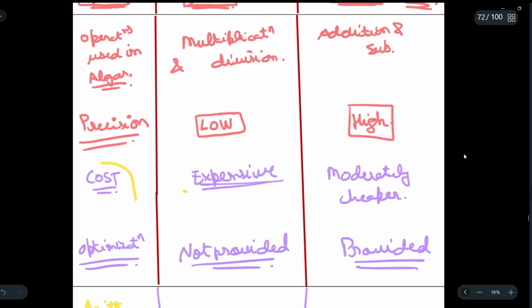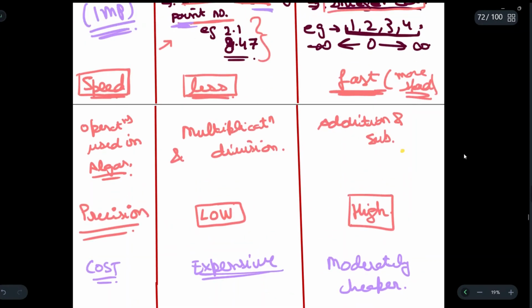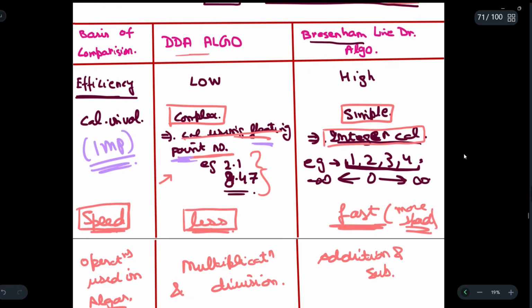The DDA algorithm, though it has slow speed, is a very expensive process because we have floating point calculations, and we will have to use high power computers. Whereas the Bresenham line drawing algorithm is much cheaper because in this we simply do addition and subtraction and nothing else, and we only use integer calculations.